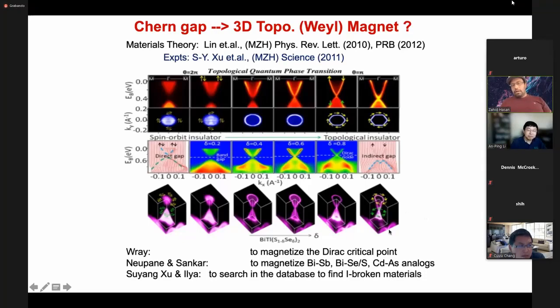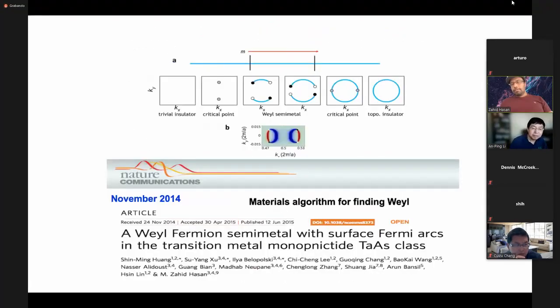It turned out that magnetizing, Ray, Nurpen, and Shankar's project, was very complicated because it's very complicated materials science. On the other hand, Suyang and Ilya's project, searching in the database, was somewhat easier. We use this materials finding algorithm that's shown in our theory paper in 2014.